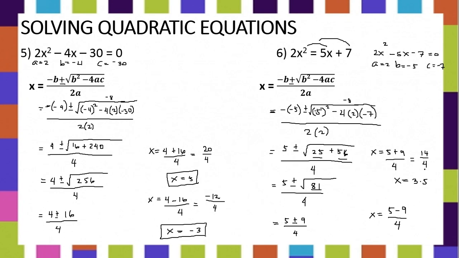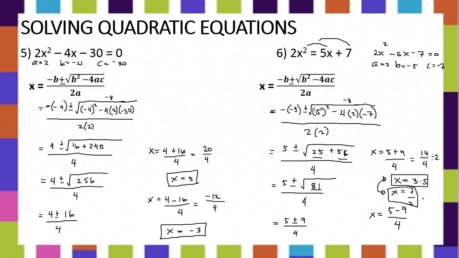Or kung ayaw nyo namang i-divide, i-lowest term nyo na lang, di ba? Okay, ang lowest term ng 14 over 4 ay, anong makaka-divide sa 14 and 4? Ang makaka-divide dyan ay 2. Kapag dinivide natin yan, magiging x is equal to 7 over 2. Kahit alin dyan sa dalawang yan is okay.